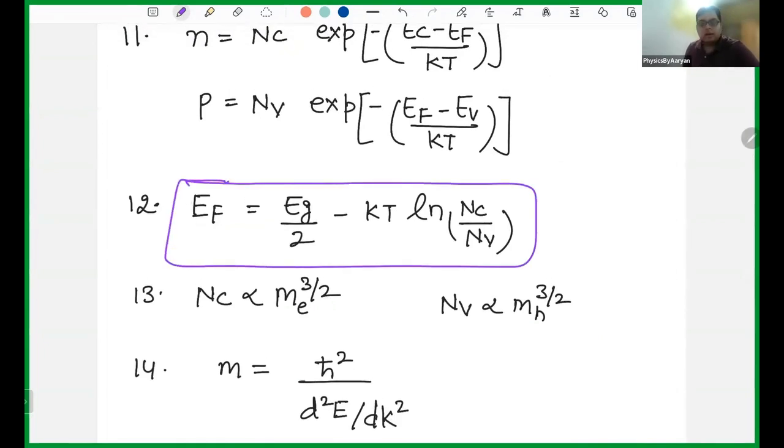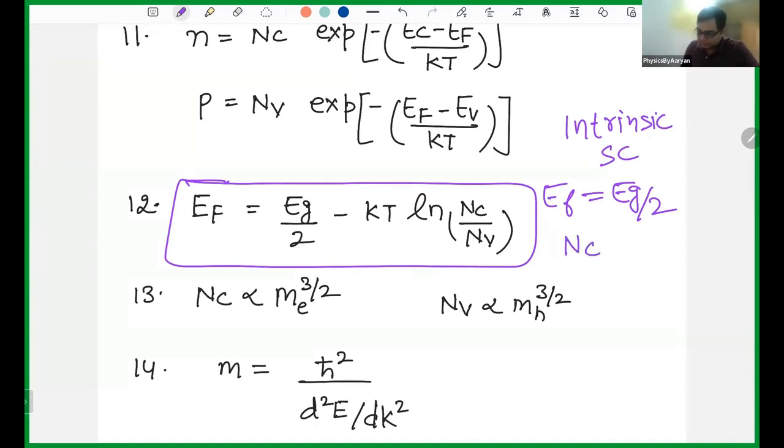Very important. What is the Fermi energy formula? What I told you is that for intrinsic semiconductors, your Fermi energy is nothing but Eg by 2. When I was saying this, I assumed that the density of states in the conduction band and the density of states in the valence band are the same.